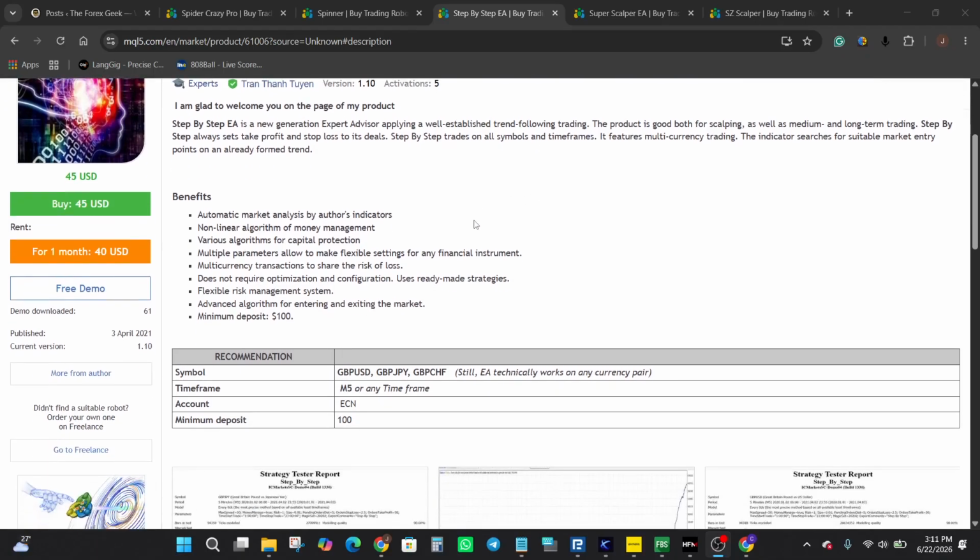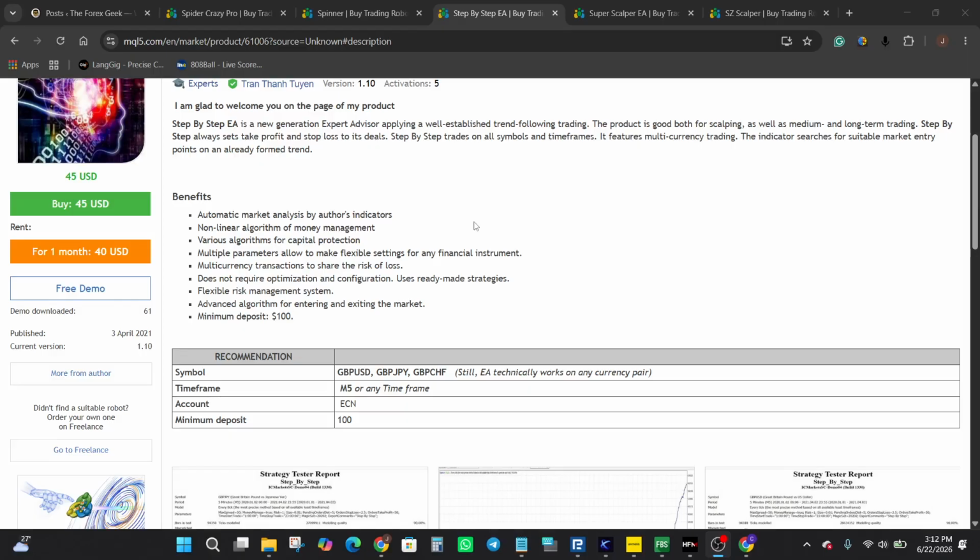According to the developer, the EA is designed to support scalping, medium-term trading, and longer-term trading. One important point mentioned in the description is that every trade is protected with both a take profit and a stop loss, which provides clearly defined exit levels for position management.